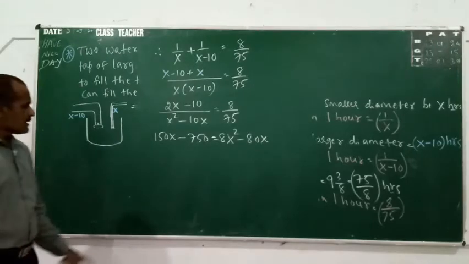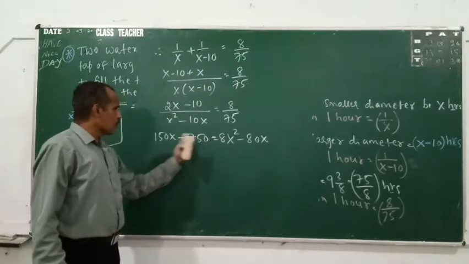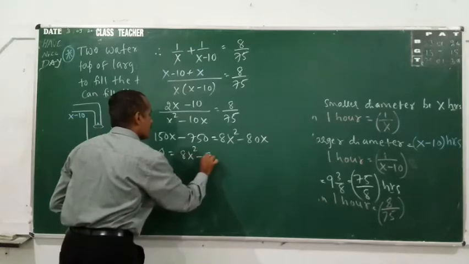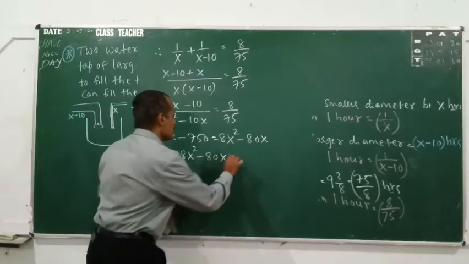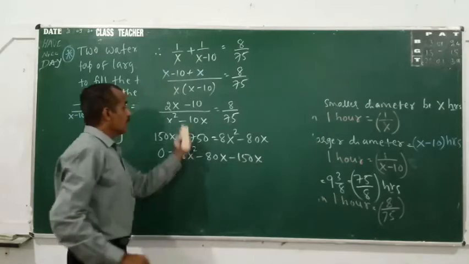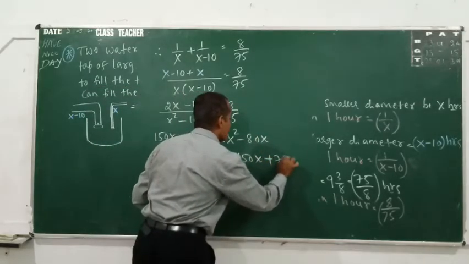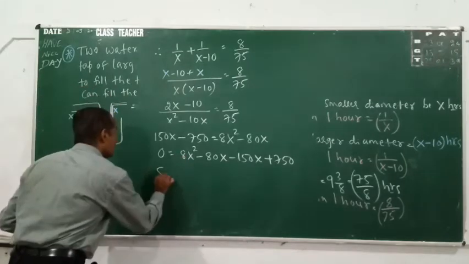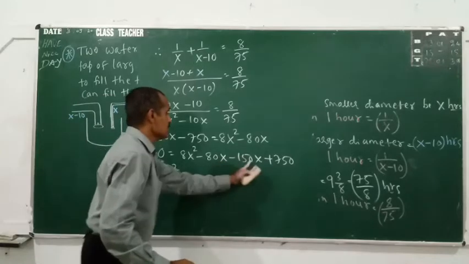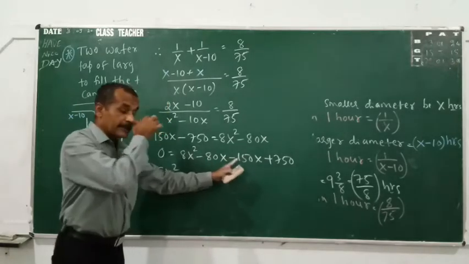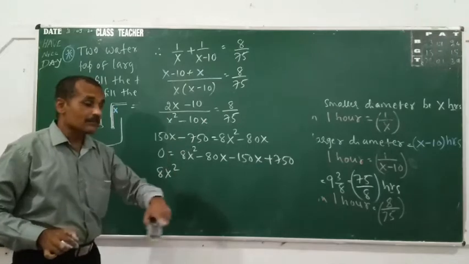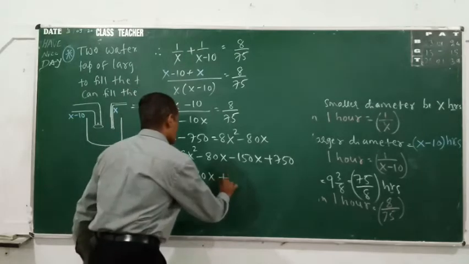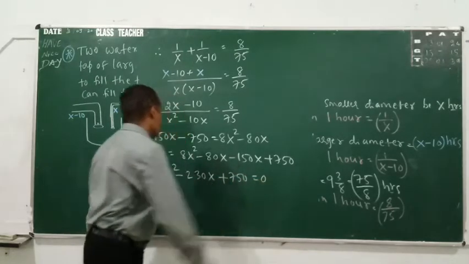Okay, the x squared term is here. I will shift both terms to the RHS. 0 is equal to 8x squared minus 80x minus 150x plus 750 plus 750. Let us simplify. 8x squared, both are minus, keep the minus as it is, add the numbers: minus 230x plus 750 is equal to 0.